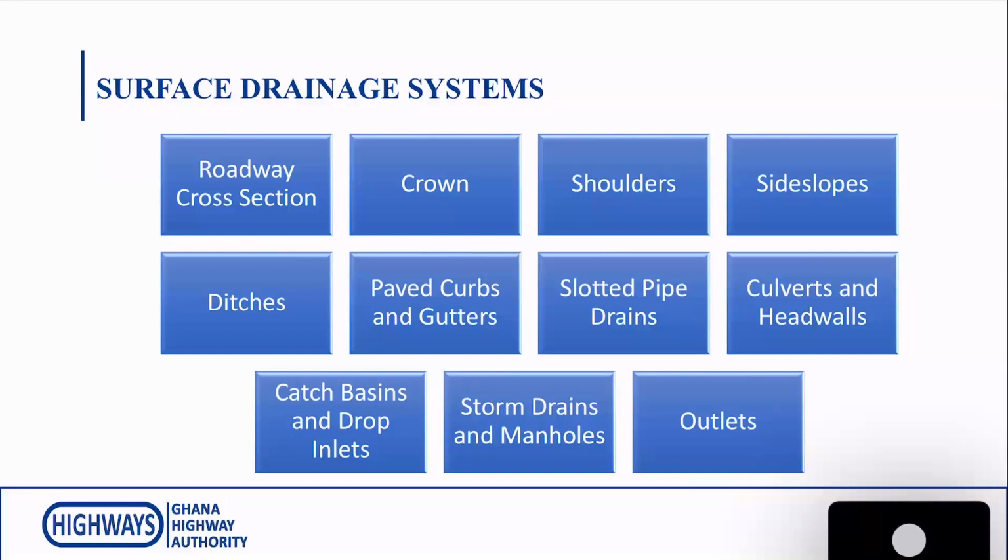You need a crown, the shoulders, the side slopes, ditches, paved curbs and gutters, slotted pipe drains, culverts and head walls, catch basins and drop inlets, storm drains and manholes, and then outlets. These are all combined to make sure that drainage from our roads is efficient. So we'll take them one after the other.